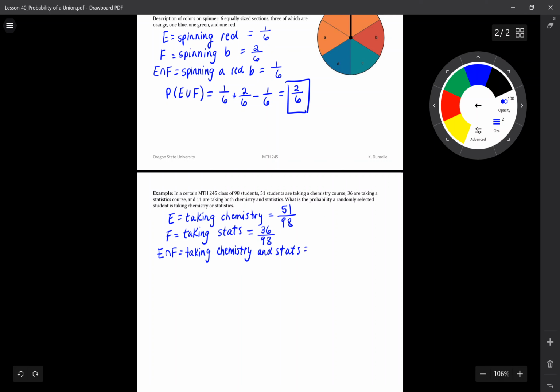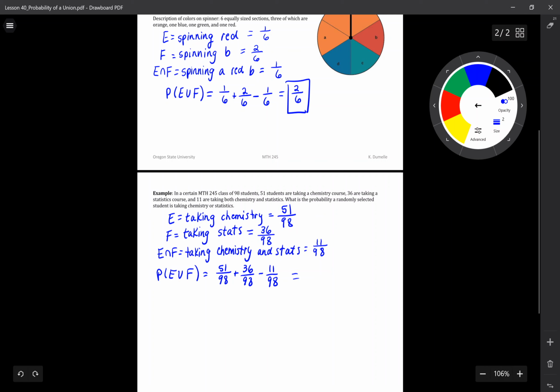Well, there are 11 students taking both of them. So the probability that somebody is taking chemistry or statistics is 51 over 98 plus 36 over 98 minus 11 over 98. If I didn't subtract off that 11 over 98, then I would be overcounting the people who are taking chemistry and stats, because they would count for this one and for this one.